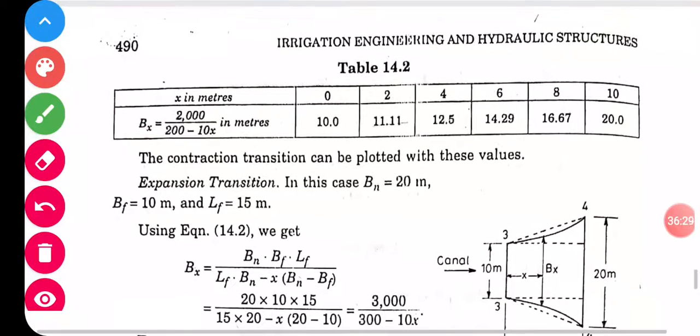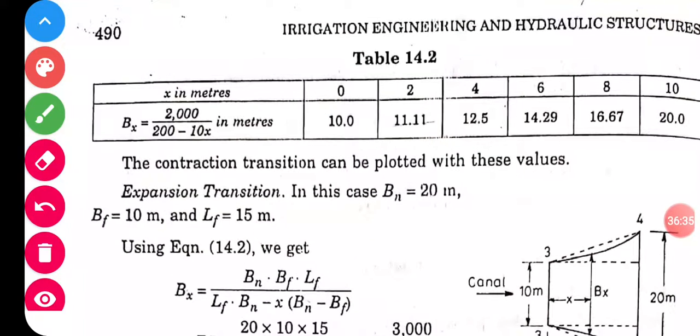It is calculated by this formula and tabulated. See this, x in meters, Bx is determined and now calculated. Now look here. In the table, in the top row you will see x in meters, and in the bottom row you will get Bx.